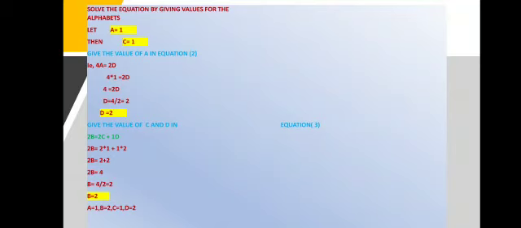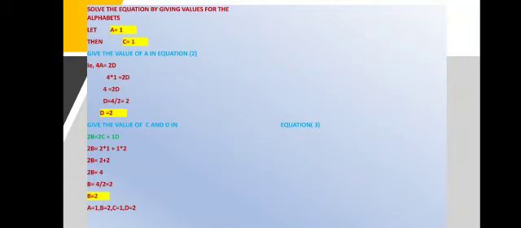Instead of D, we will give 2. After giving that, what will happen? 2B is equal to 2 into 1 plus 1 into 2. 2 into 1 is 2, plus 1 into 2 is 2. So 2B is equal to 2 plus 2. That means 2B is equal to 4. B is equal to 4 divided by 2 is equal to 2. B is equal to 2. We got it. So we got all the alphabets.